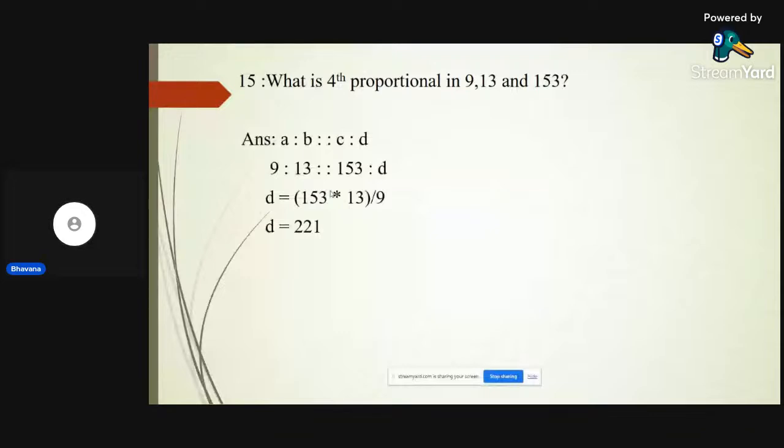What about the others? Do it with the fourth proportional formula. Just apply that.